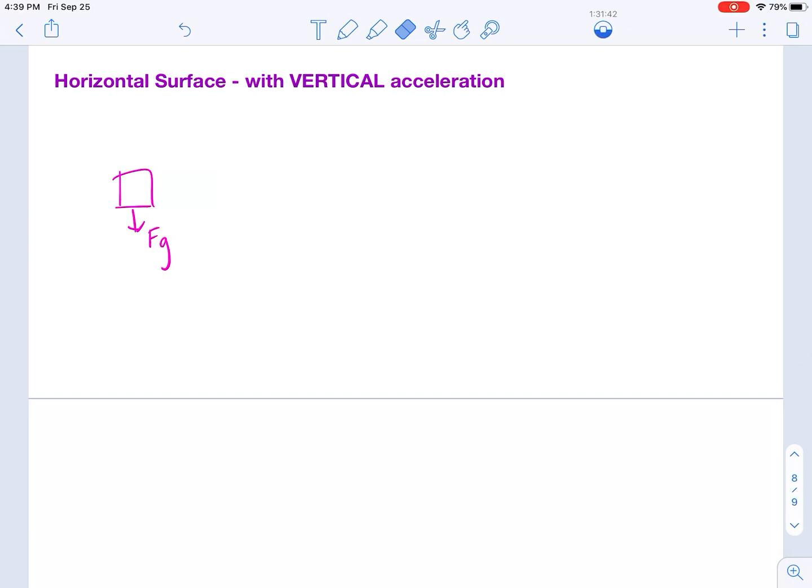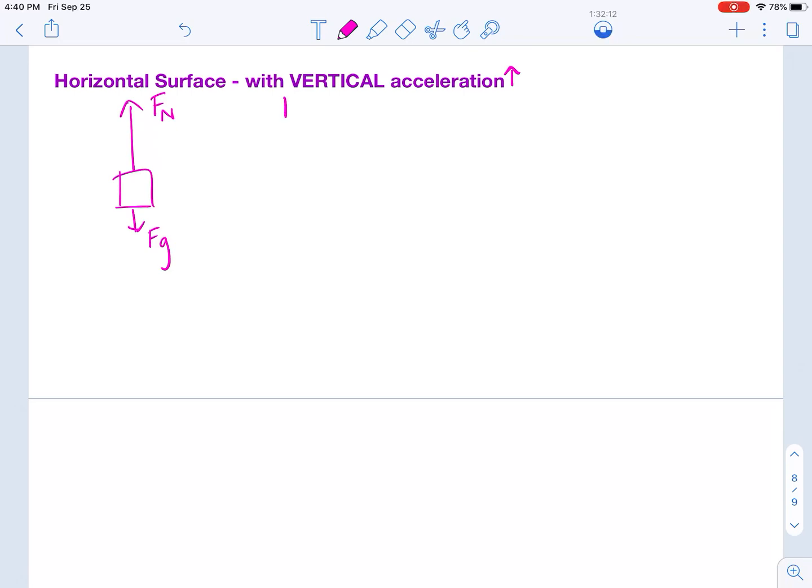If it is being lifted so that it experiences an acceleration, then these forces have to be unbalanced. We're going to assume here that the acceleration is in the upward direction. So that means that my upward force vector needs to be the bigger of the two. This would not be a normal force because it's being lifted due to an applied force, not a return force from the ground because it's being lifted, okay?